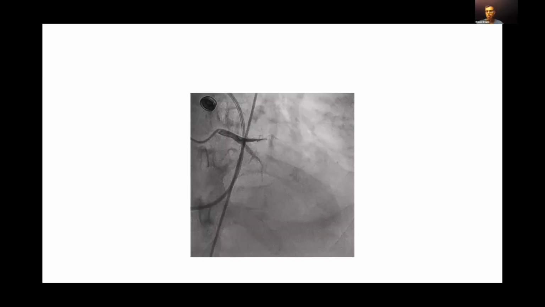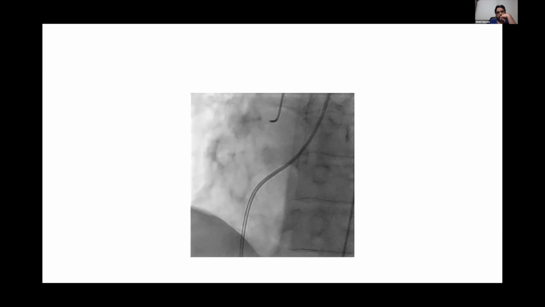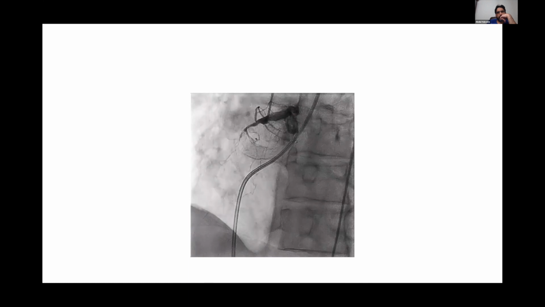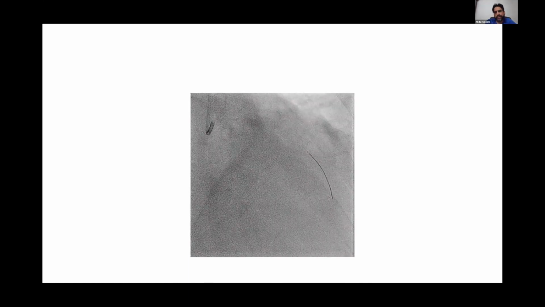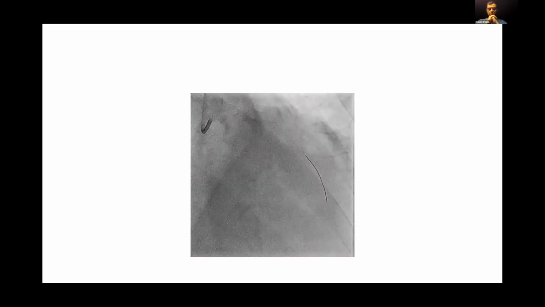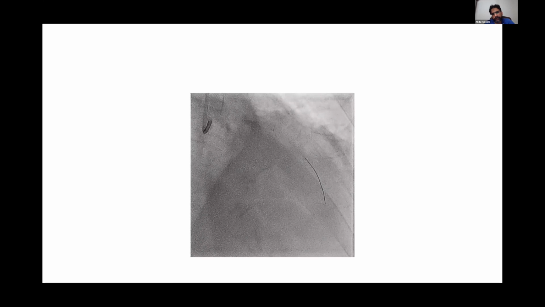So Abdul, what do you guys do in this case? Well, at this point, because he had two CTOs, a high-grade OM1 stenosis and in-stent restenosis of the LAD, we did an FFR.